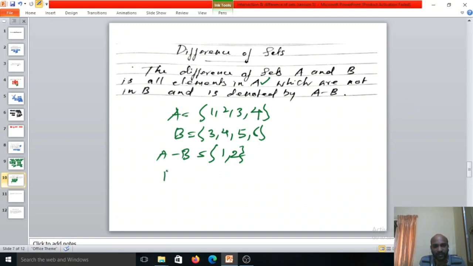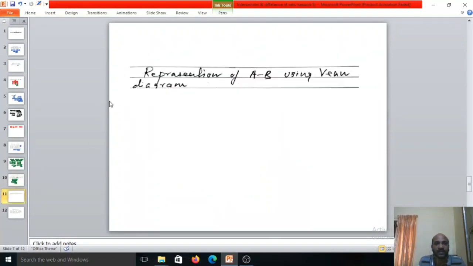So can you find B minus A? B minus A means elements in B not in A. Elements in B not in A are 5, 6. In this way we can find the difference of two sets. Now representation of A minus B using a Venn diagram.